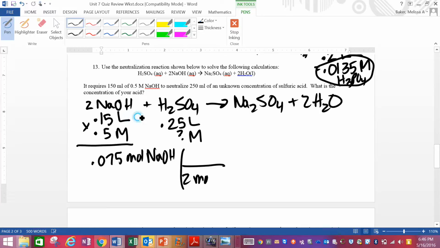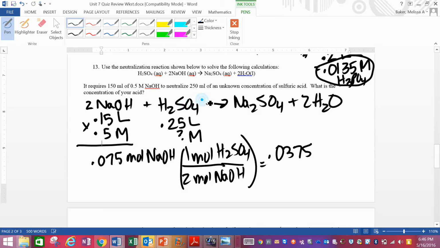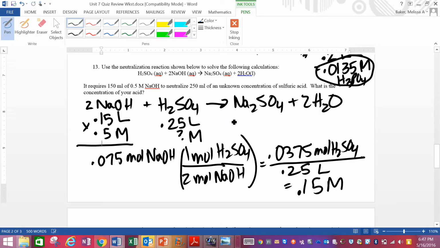For every 2 moles of NaOH, you're neutralizing 1 mole of H2SO4. So there were only half as many moles of acid in there. That comes out to be 0.0375 moles of H2SO4. Divide by the amount, 0.25 liters, and now you know the molarity of your mystery acid, 0.15 molar H2SO4.